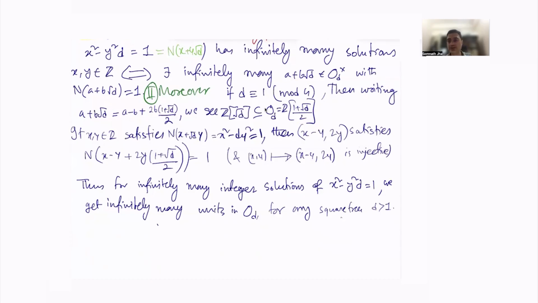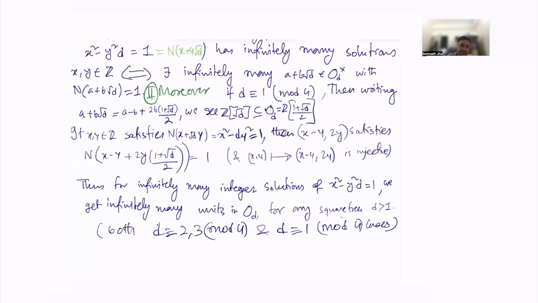So as far as infinitely many units are concerned, it suffices to show it for d greater than 1, in both the case d equal to 2, 3 mod 4 and the case d equal to 1 mod 4.